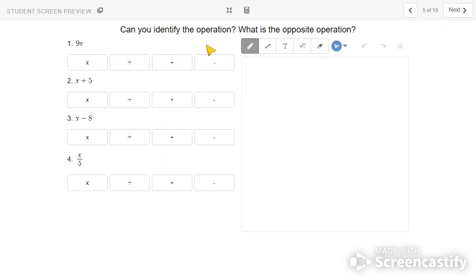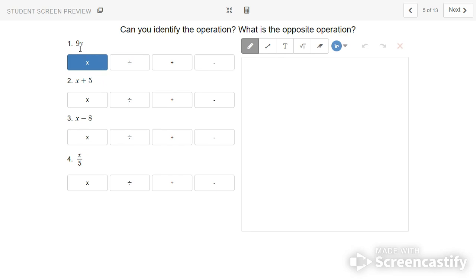Now, before we do examples about that, let's identify the operation that's being applied to the variable. So in this case, we have 9v. 9v means we have a 9 being multiplied to the v.